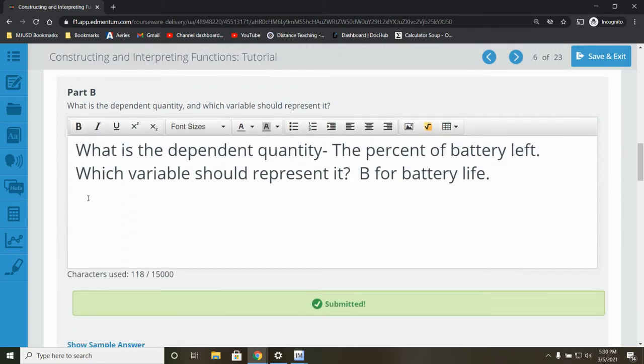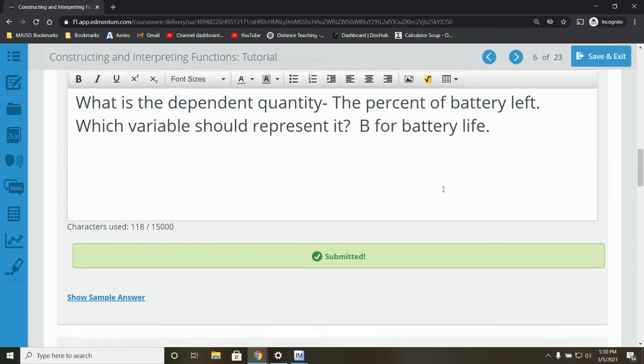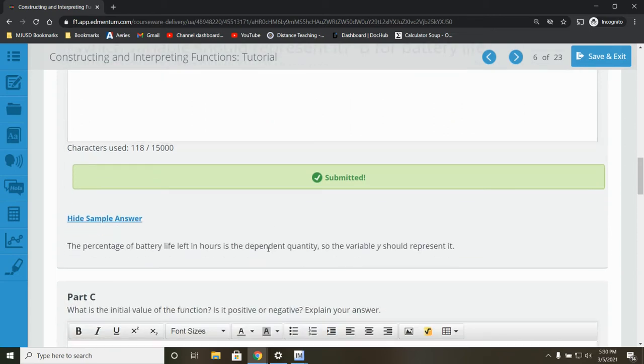Part B, what is the dependent quantity and which variable should represent it? The percent of battery left. Which variable should represent it? B for battery life. So they say that the percentage of battery left in hours is the dependent quantity.